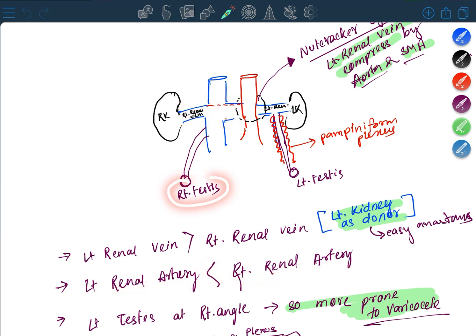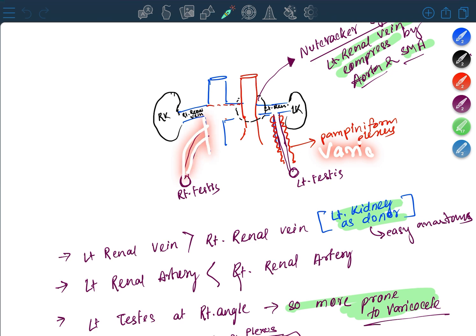Now see, this is a peculiar feature. This is the right testis and this is the left testis. The left testicular vein is at right angles to the left renal vein. As a result of this, it is more prone to varicocele, and these are the pampiniform plexus. And see, the right one is not at a right angle.